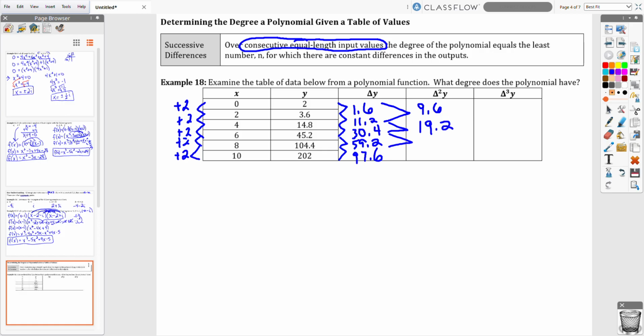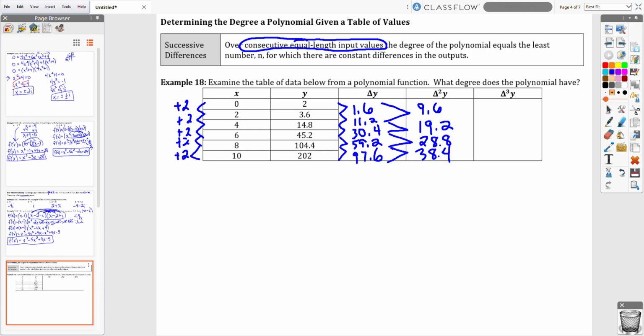I'm going to keep going though. 59.2 minus 30.4, that's 28.8. And then the last one, 97.6 minus 59.2, and that's 38.4 here.